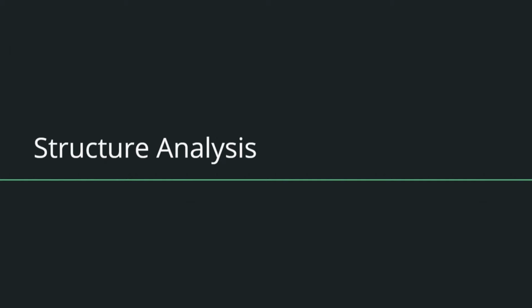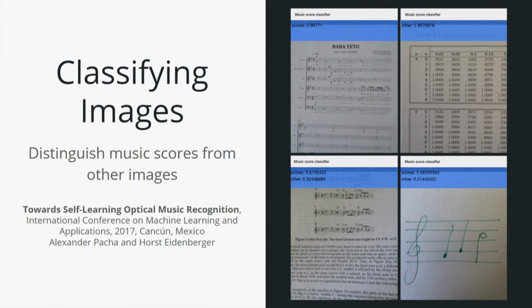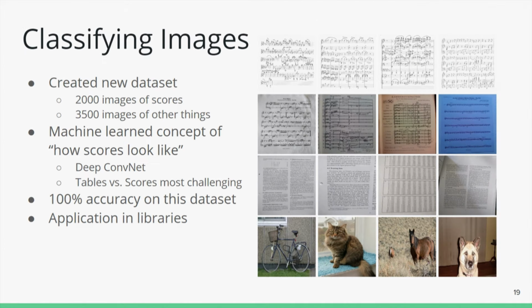So let's start with structure analysis, the first step. And the easiest question you can ask at the beginning is, well, does this image contain music or not? So, to classify an image, whether it contains music or not. And I published this in my first paper, which was called Towards Self-Learning Optical Music Recognition. And for that, I collected a large data set of over 5,000 images. 2,000 of them were music scores, and the rest were natural images of dogs, cats, but also documents that look much more like music scores.